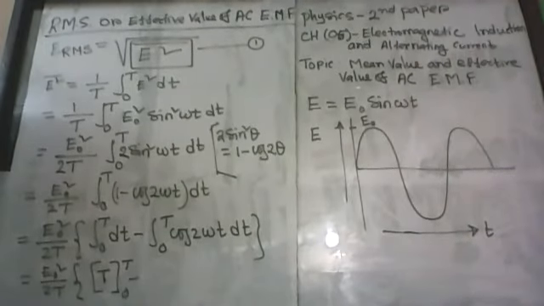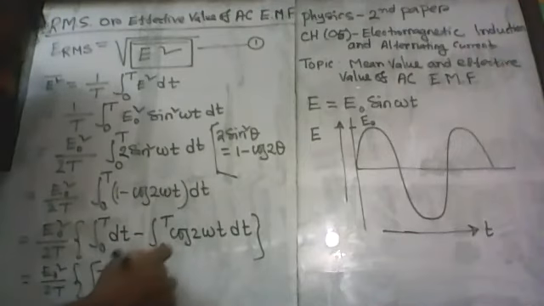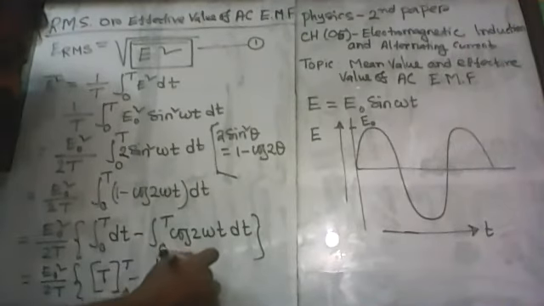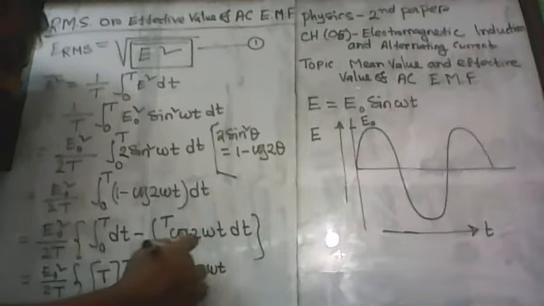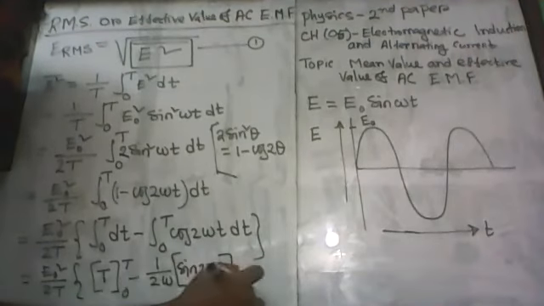So integration of cos 2 omega t will equal 1 by 2 omega sine 2 omega t, with integration limit 0 to t.